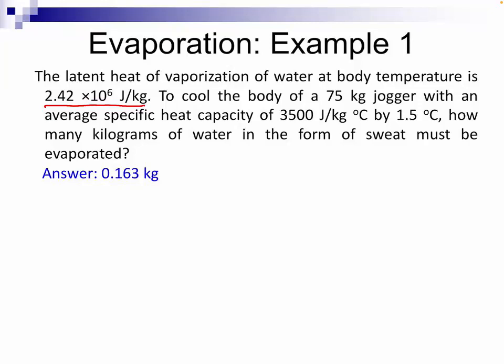A 75 kilogram jogger has a specific heat of 3,500 joules per kilogram per degree Celsius. And we want to know how much water, in the form of sweat, needs to be evaporated so that the temperature of the jogger decreases by 1.5 degrees Celsius.